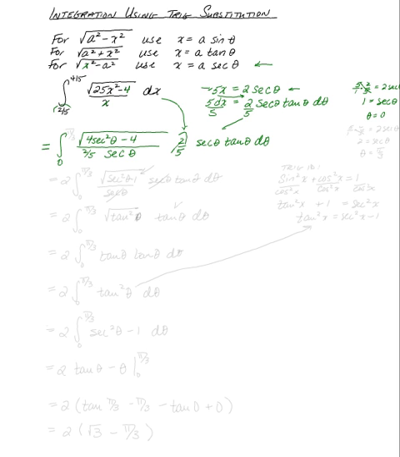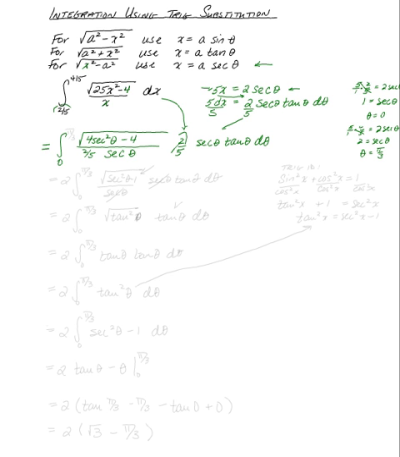Now we're going to do the same thing with the 4/5. So I have 5 times 4/5 equals 2 secant of theta. The 5's cross off, divide by 2, and we get 2 is secant of theta. We know where that happens. That happens when cosine is equal to a 1/2 value. On our unit circle, that would be at pi over 3.